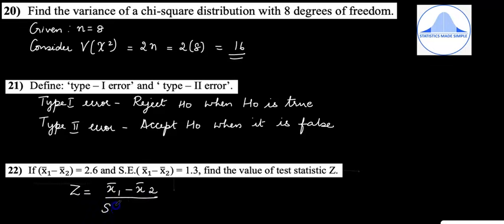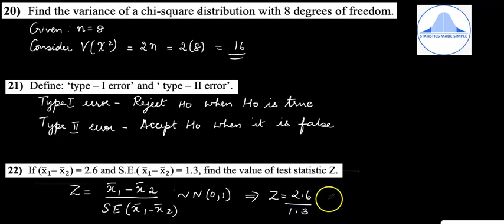That is nothing but the standard error of x bar 1 minus x bar 2, and we know that this follows normal 0, 1. So substituting, we get z is equal to 2.6 divided by 1.3. So which implies that z is equal to 2, which is the final answer for the test statistic.